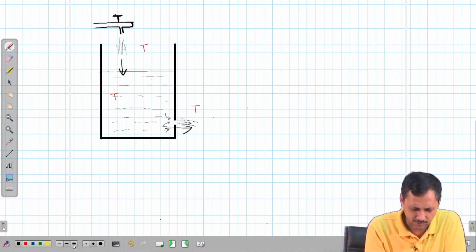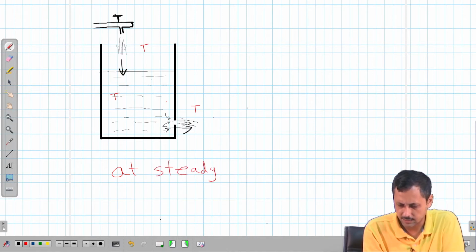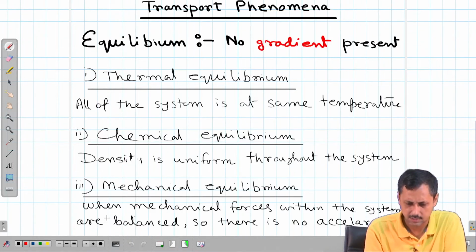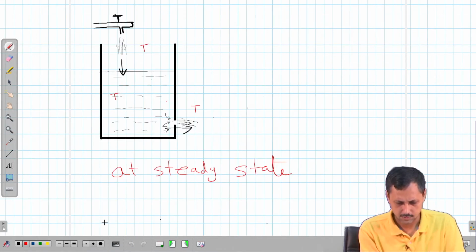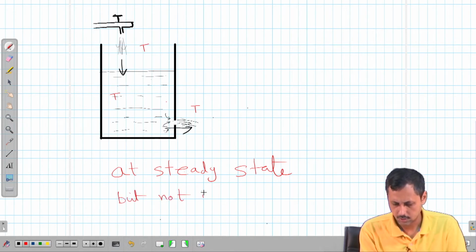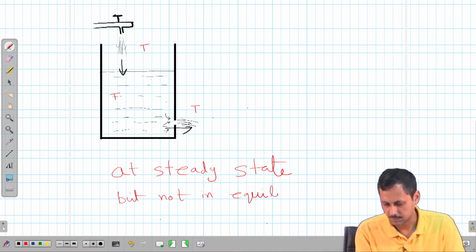So this is a system which is at steady state for sure, but not in equilibrium.